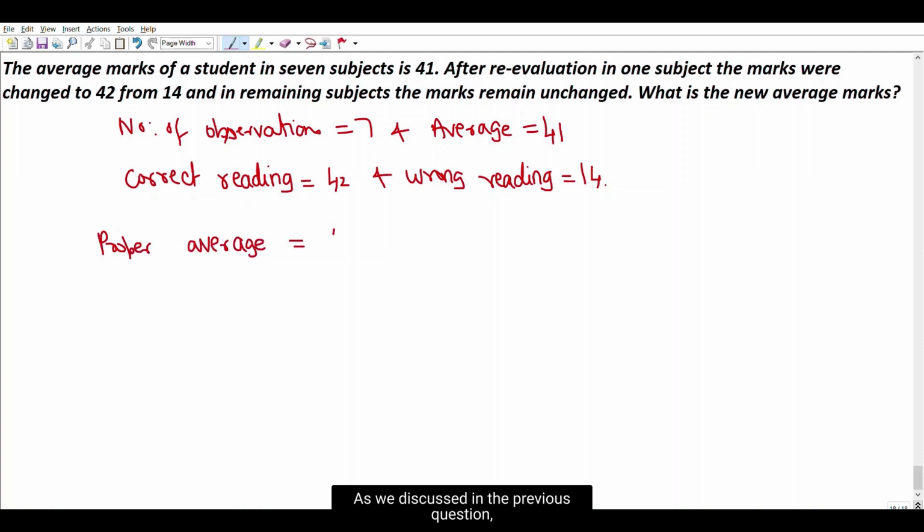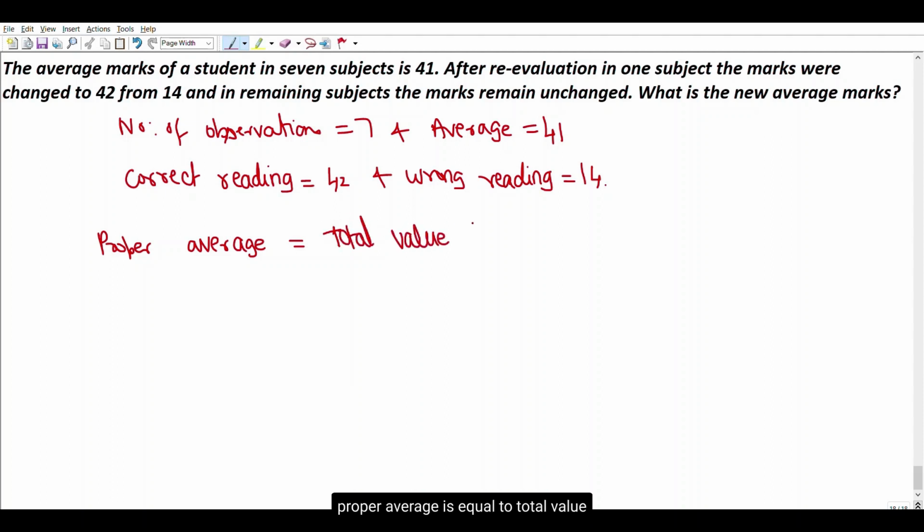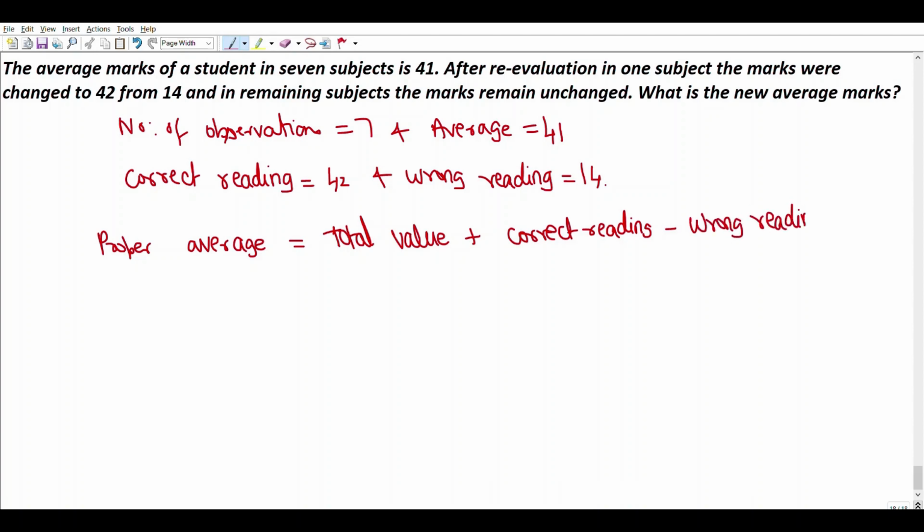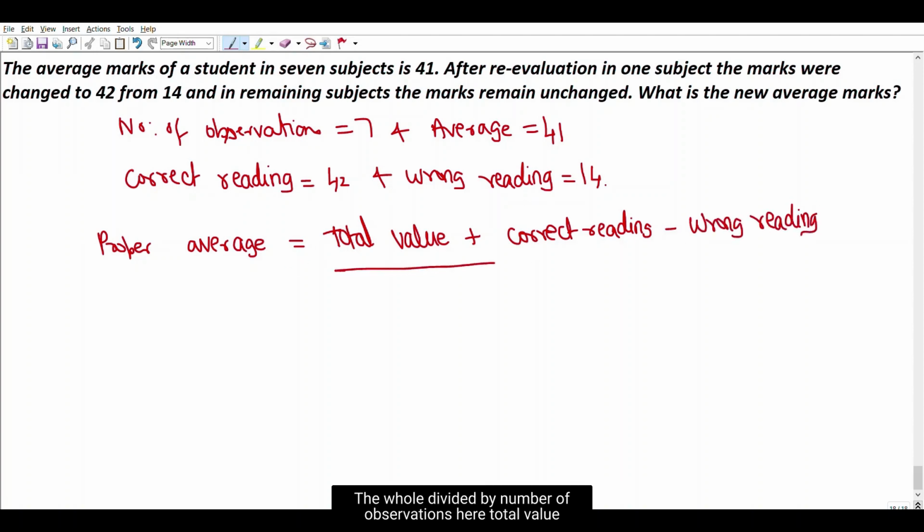As we discussed in the previous question, proper average is equal to total value plus correct reading minus wrong reading, the whole divided by number of observations.